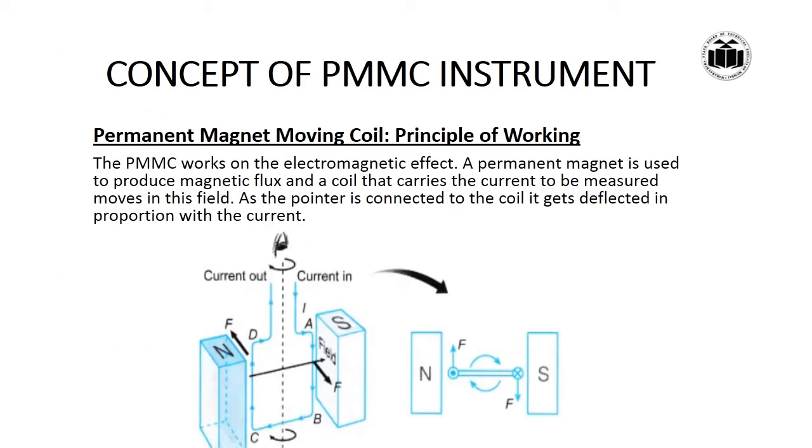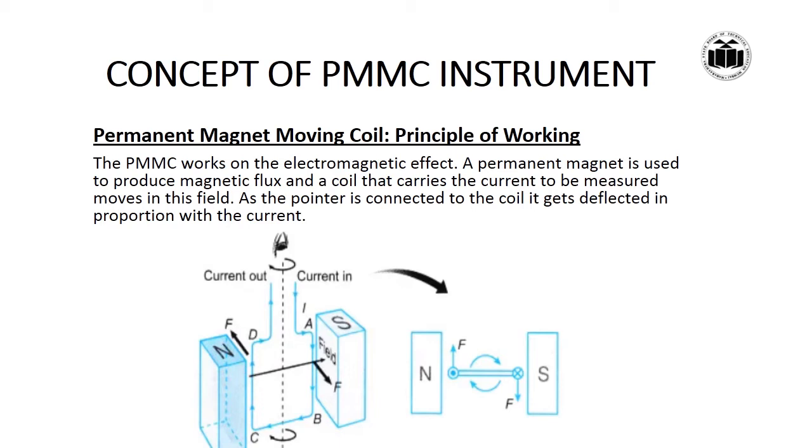Now we will see the concept of PMMC instrument. It works on the principle that when a current carrying conductor is placed in a magnetic field, a force is produced on the conductor or coil. This force tends to move the coil in space.